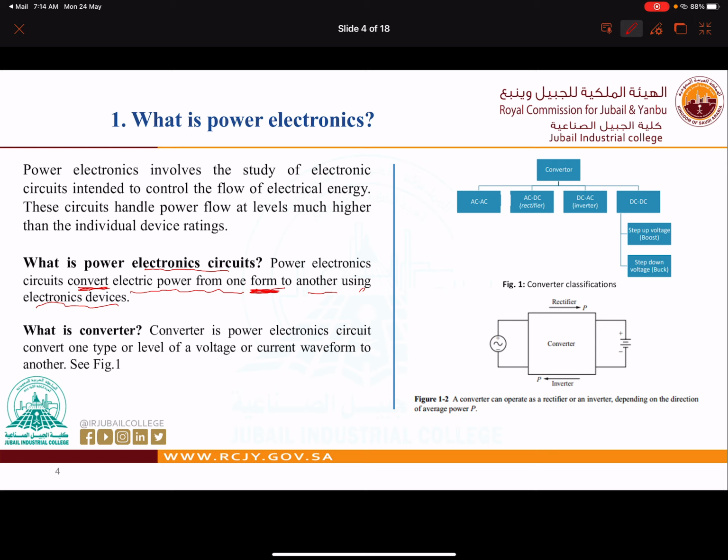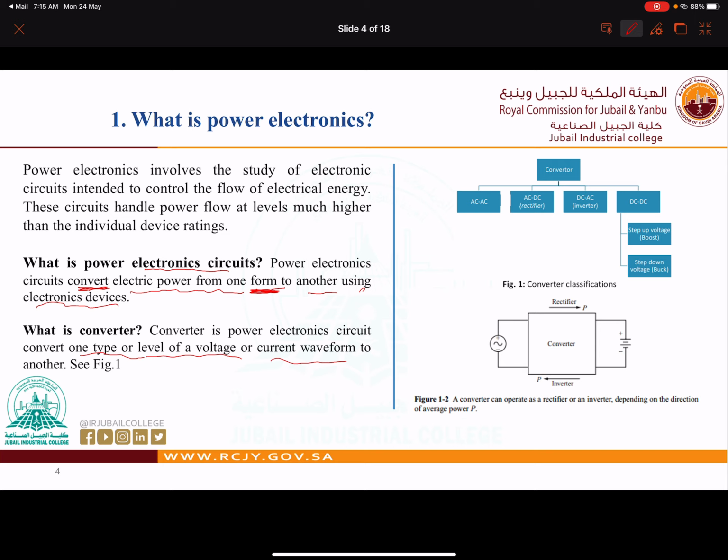Now, what is a converter? A converter is a power electronic circuit that converts one type or level of voltage or current to another, like the diode. You remember in the electronics course you have taken, it is a 4 credit course, you have taken the diode, and also the transistor and so on.